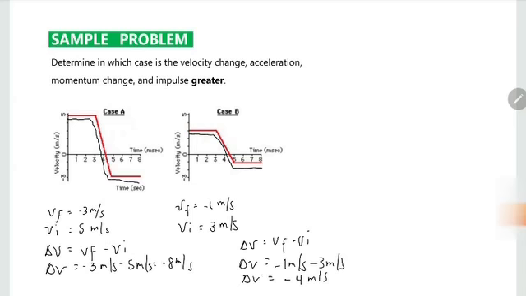We can also see it in the graph: the gap between the two straight lines is large. So, in case A, the velocity change is greater. Because acceleration is change in velocity over time, the acceleration is also greater here. Since momentum change is mass times change in velocity, the momentum change is also greater here. And because momentum change is equal to impulse, it is case A again. Impulse is also greater in case A. Okay?